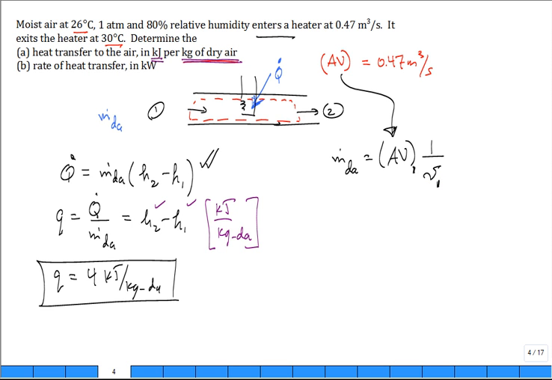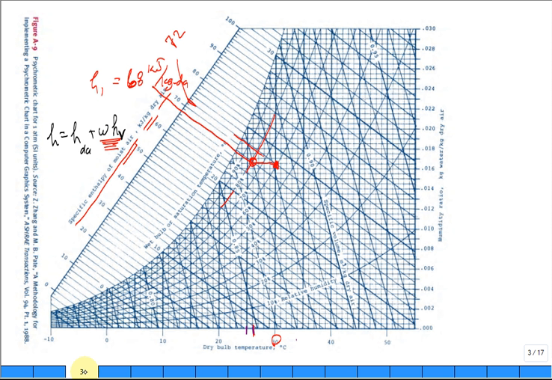True? Okay, so we go back to the chart, and I need that specific volume. Here's a line of constant specific volume. You can kind of see it right there. Units, meters cubed per kilogram of dry air. So it's how much volume is occupied by the moist air per kilogram of dry air.